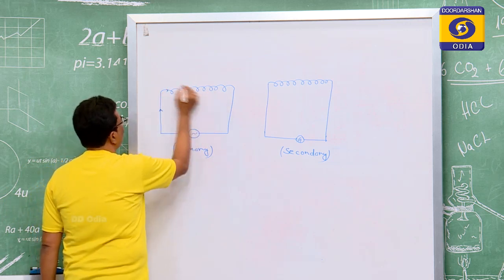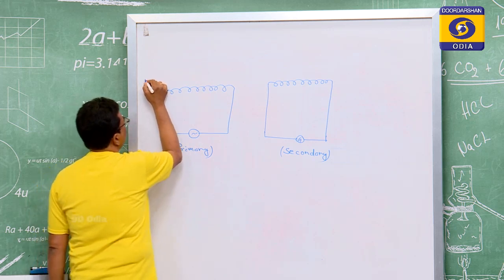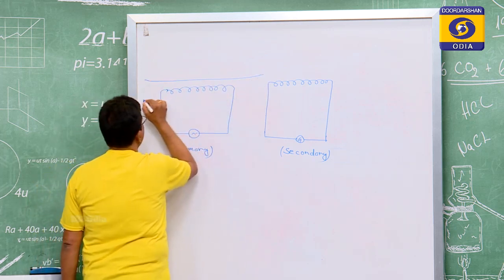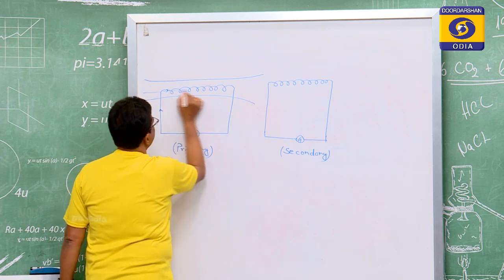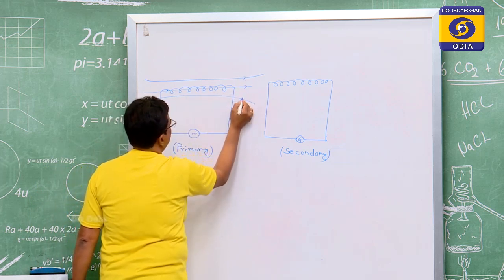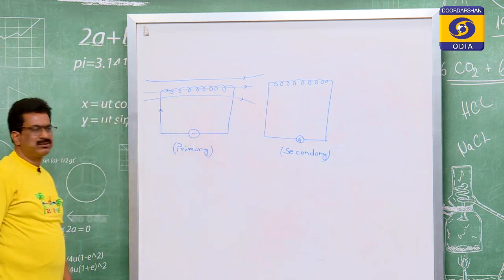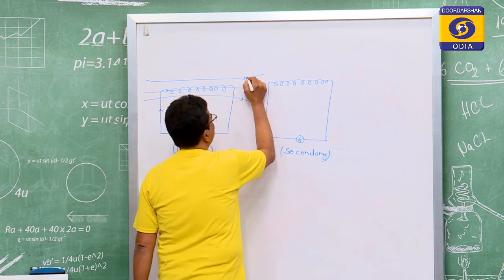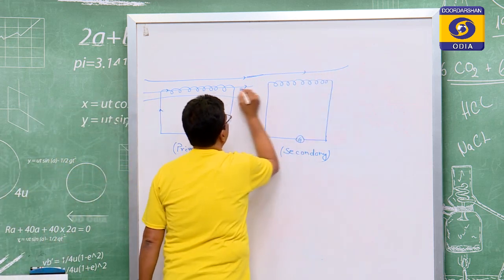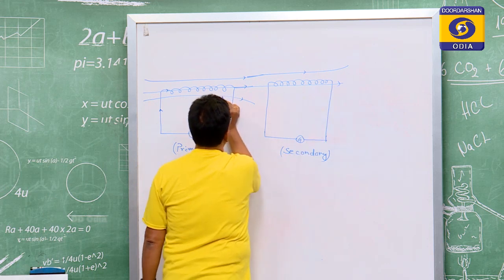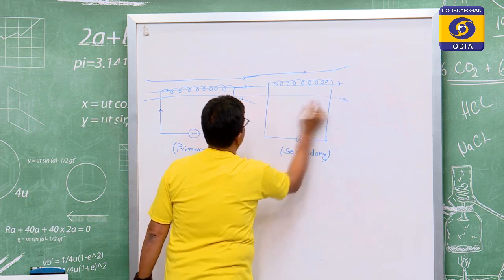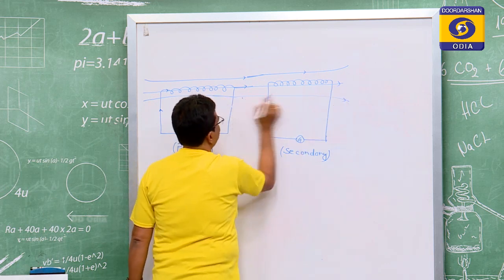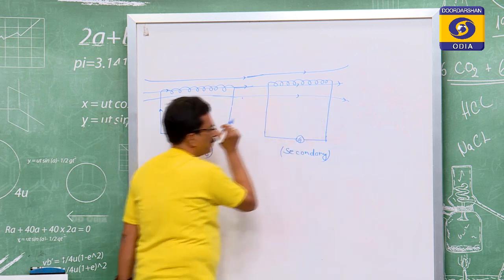Due to the flow of current, it will produce lines of force, and those lines of force will affect this one.